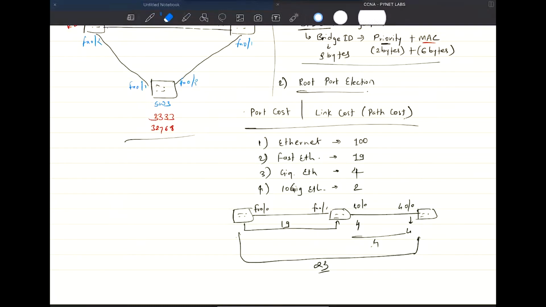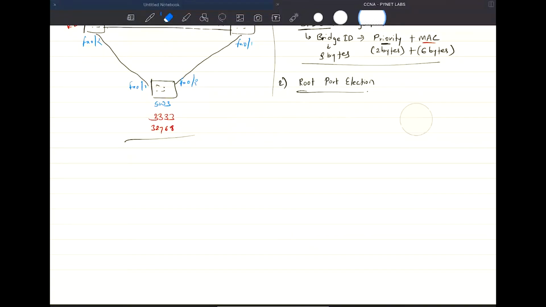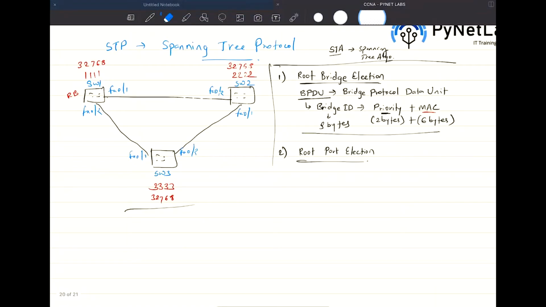Now, after getting to know this cost and how this cost actually works, you need to understand what is root port. So root port basically is a port that every non-root bridge will have. And which are our non-root bridge switches? Non-root bridge in our topology is switch 2 and switch 3.